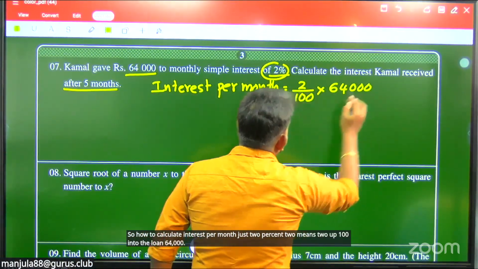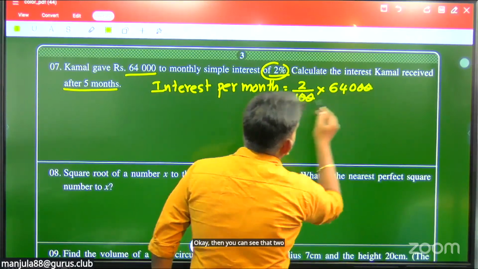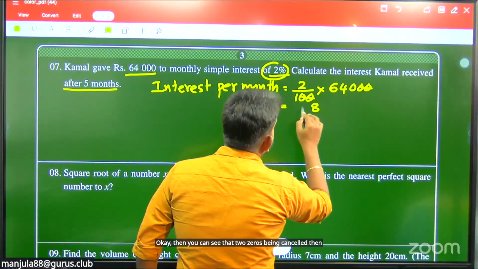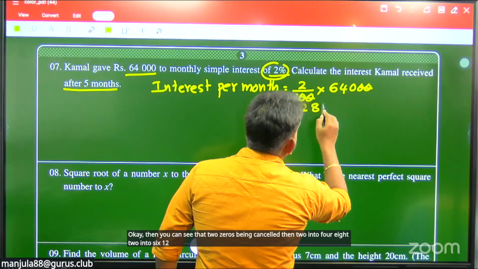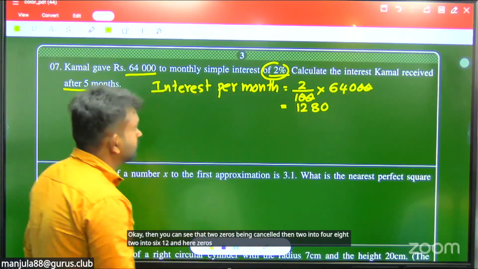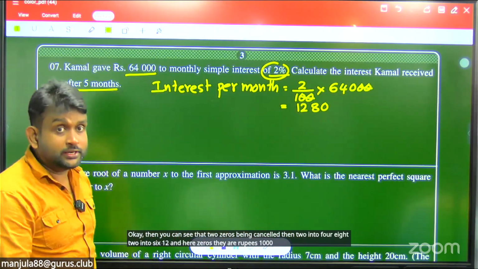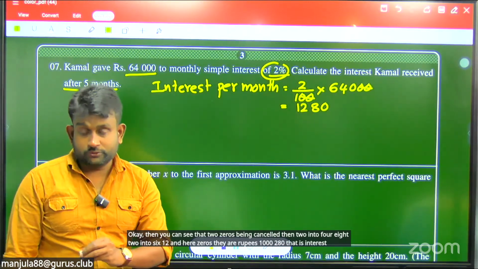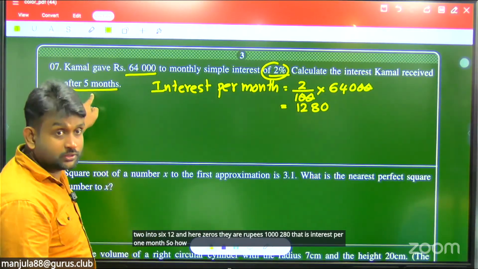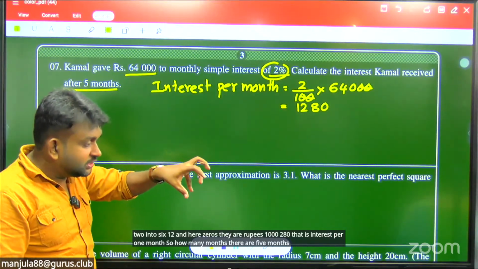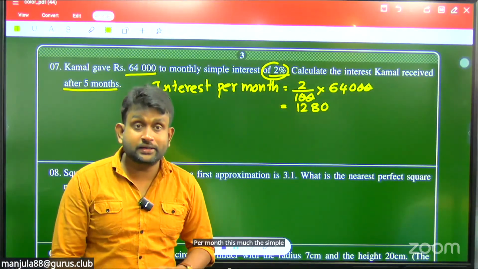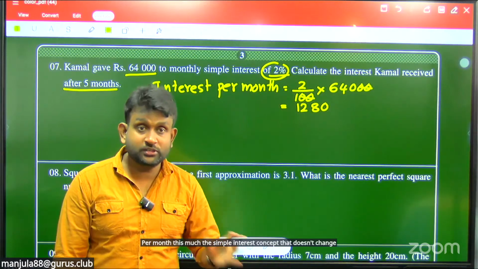Okay, then you can see that 2 zeros are cancelled. Then 2 into 4, 8; 2 into 6, 12. And here zeros. They are rupees 1,280. That is the interest per 1 month. So how many months? They are 5 months. Per month this much. In the simple interest concept, that doesn't change as time elapses.